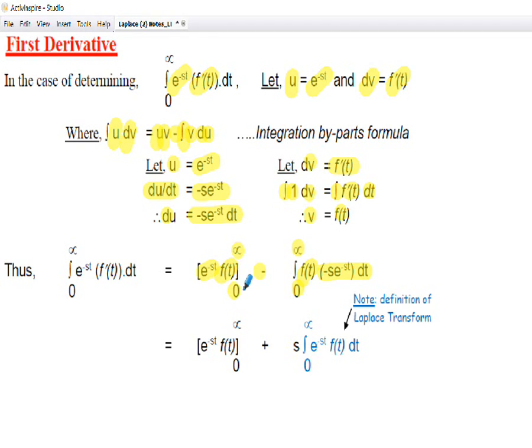What we notice, if you look at this second line here, and I've highlighted this in blue, this part of the formula, I've just taken the s outside here because s is a constant, and I've changed the positive to a negative because the 2 double negatives above make the positive. But if you look at this part of the expression, the e to the minus st function of t dt between the limits of 0 and infinity, that integral is actually the definition of a Laplace transform, if you go back to the definition on the previous slide.